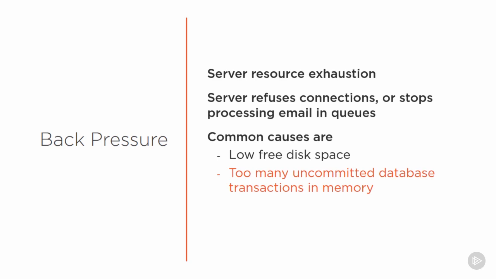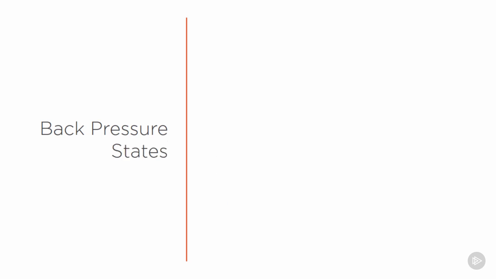In other words, too much is happening at once and the server needs time to get things back under control. And that could be due to a big spike in message volume that has occurred all of a sudden. Memory utilization by the transport service processes, and overall memory utilization for the server as well. Each of those metrics is individually measured, and each can cause the server to go into a back pressure state.